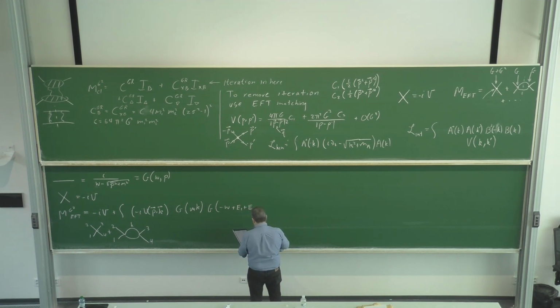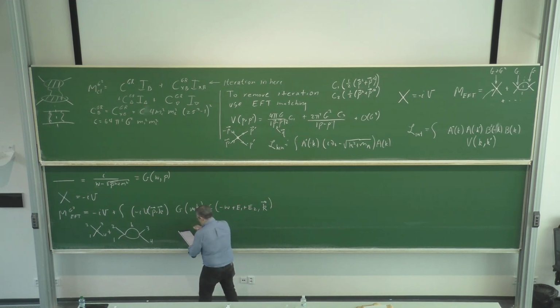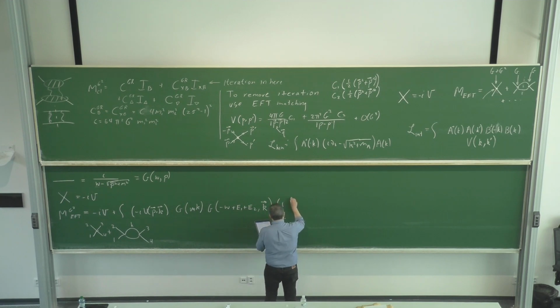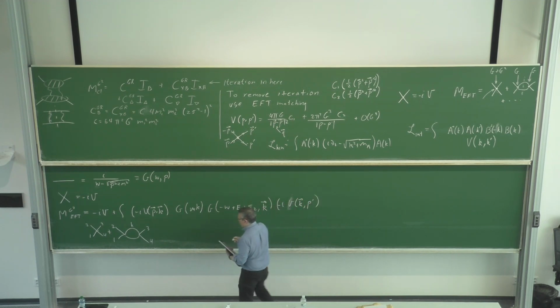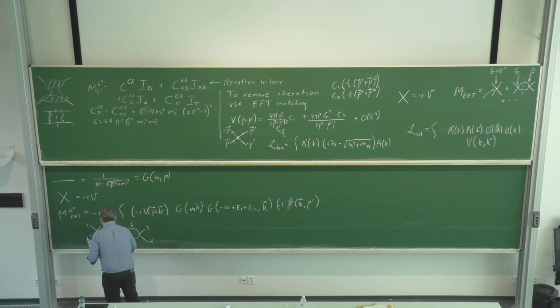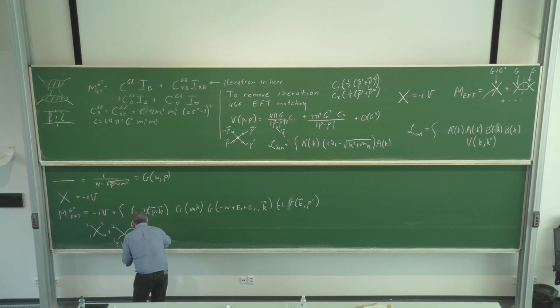Okay, and then minus i V of k, and then p prime. So out here, p comes in. This is p, and out comes a p prime. Maybe p prime comes out here. This is minus p prime.